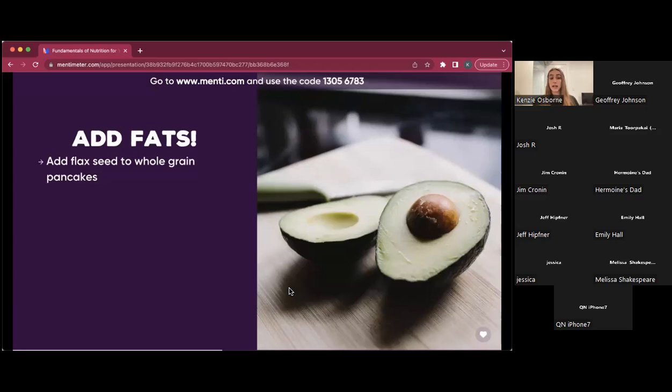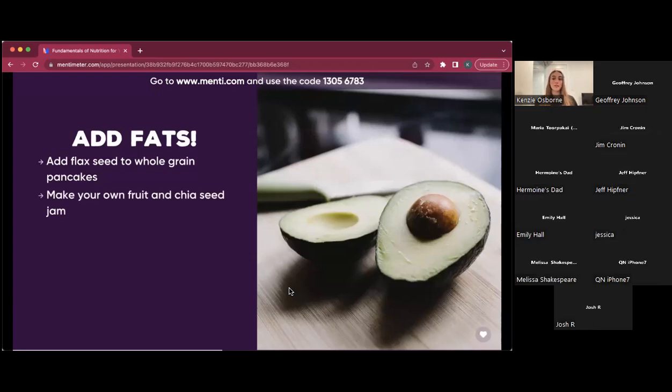So you could add flax seeds or chia seeds to your pancakes in the morning. My personal favorite is making my own homemade jam. So to do this, you're just using a cup of fruit and a tablespoon of chia seeds, essentially melting that down in a pot. I use frozen fruit, melting that down in a pot until it's a nice jam-like texture, and then putting it in the fridge.